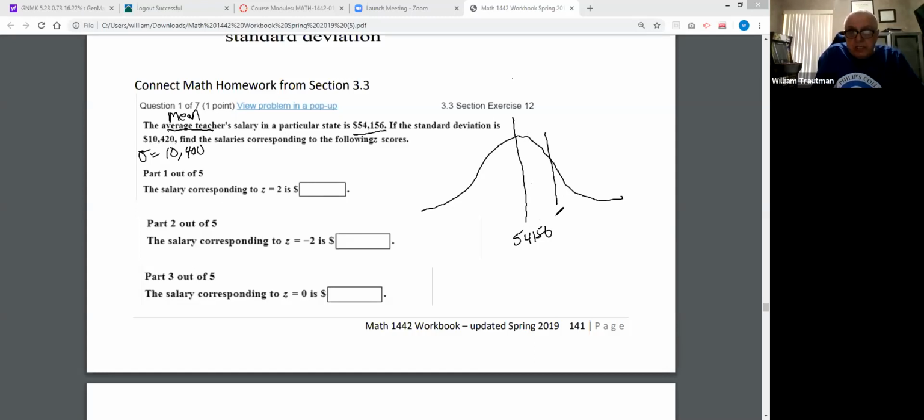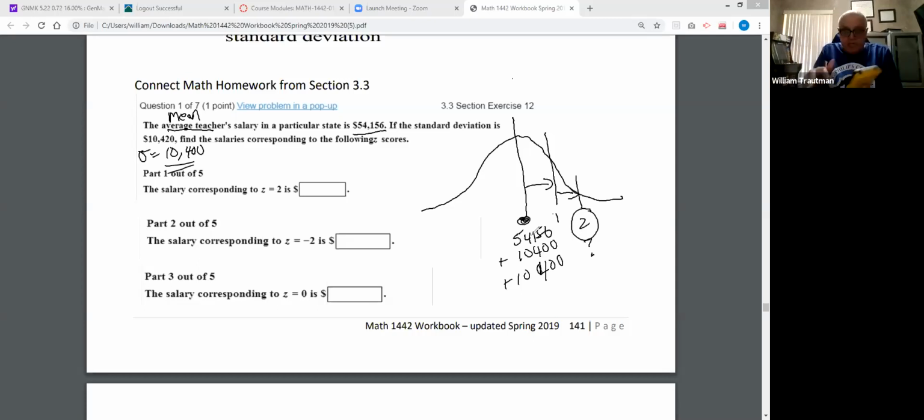Here's a z of 1. Here's a z of 2. In other words, we have to add one standard deviation and then add one standard deviation, and we want to find the salary. Well, one standard deviation is 10,400. So here's the mean. Add one standard deviation and then add another, because we're looking for 2 standard deviations, a z of 2.